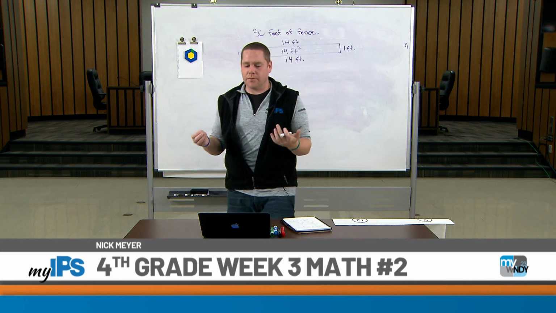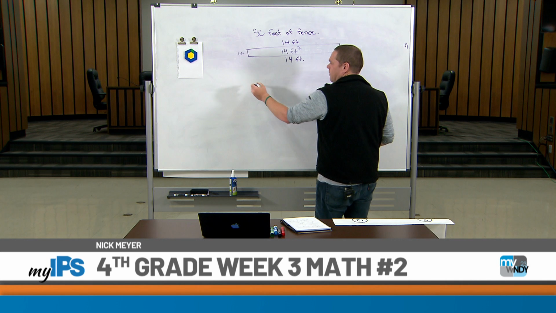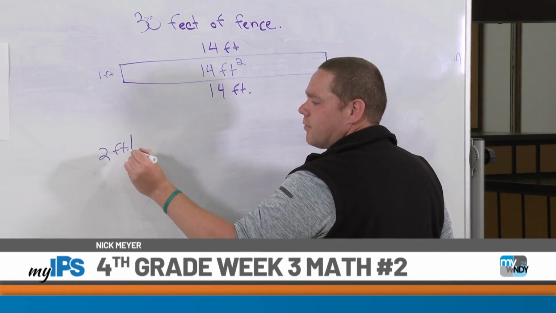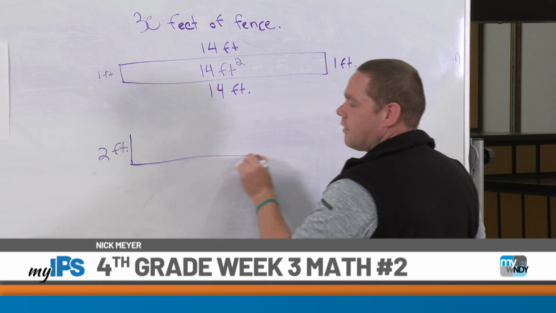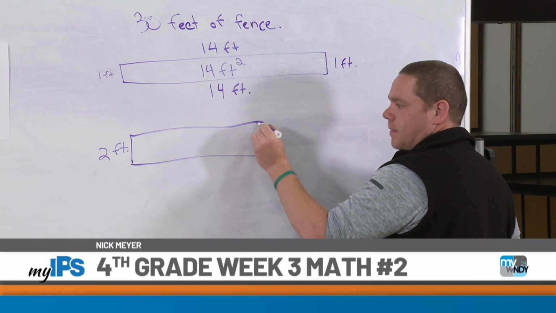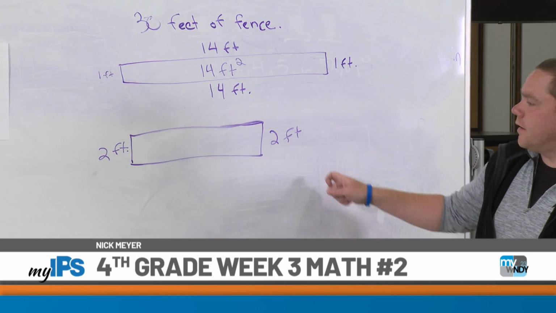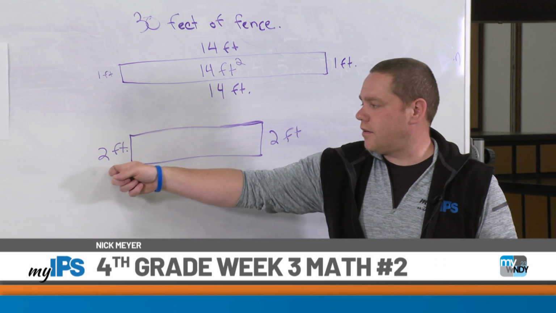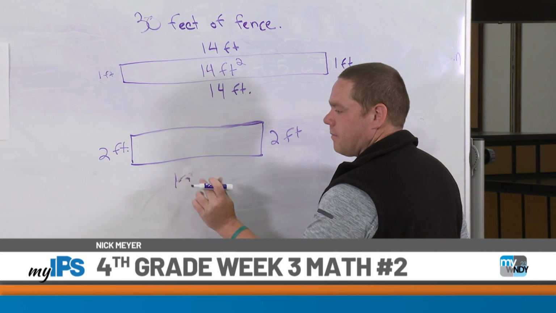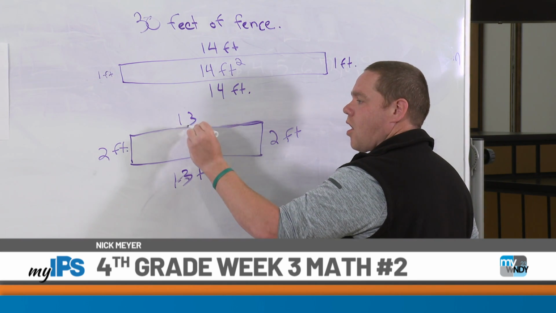That's not a lot of room for their dog. Is there another way that they could build their fence? What if they made it 2 feet wide? Would their area stay the same, or would it be different? So if it was 2 feet there, and 2 feet there, now they had 30 feet, 28, 26, 13 feet.